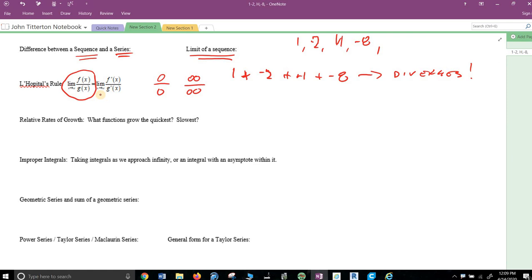You've done that. Relative rates of growth, which one goes from slowest to quickest?